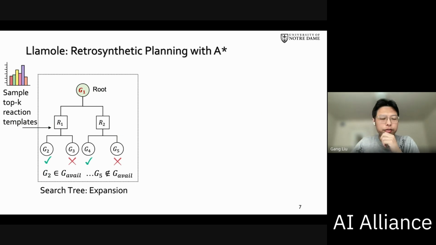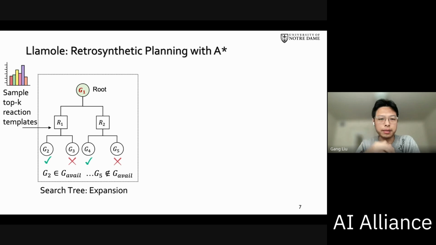Different from traditional classification problems, in reaction prediction we can typically apply multiple different reactions to the same designed molecule. For example, here we have reaction 1 and reaction 2. Reaction 1 will decompose the designed molecule into reactants G2 and G3.